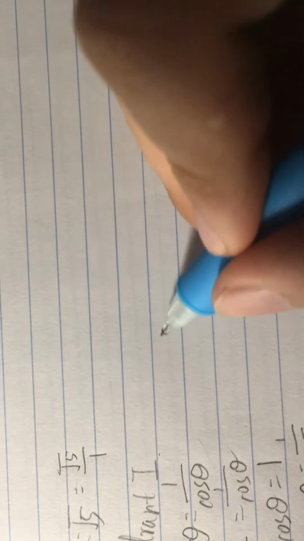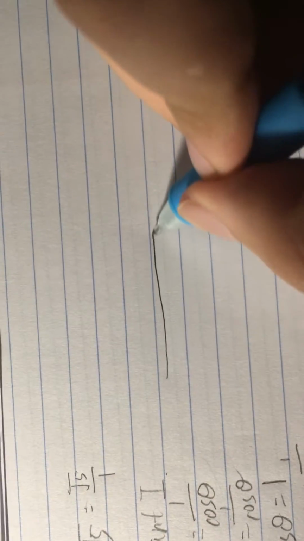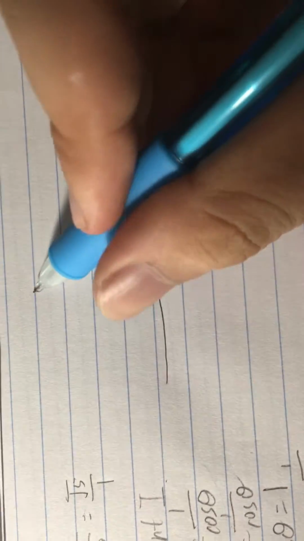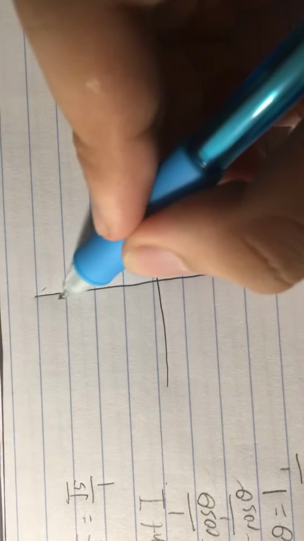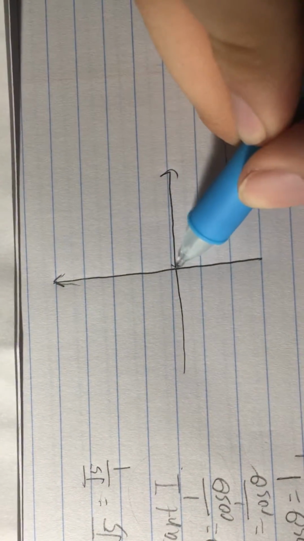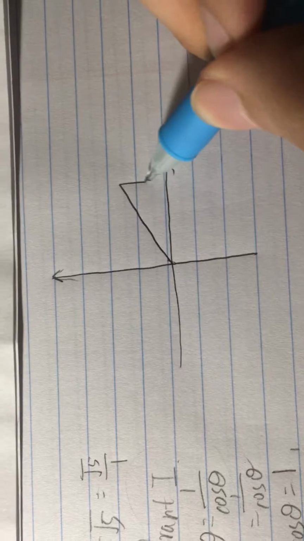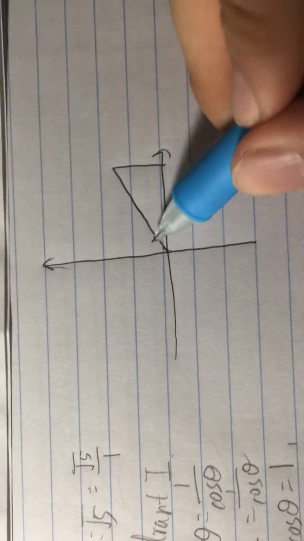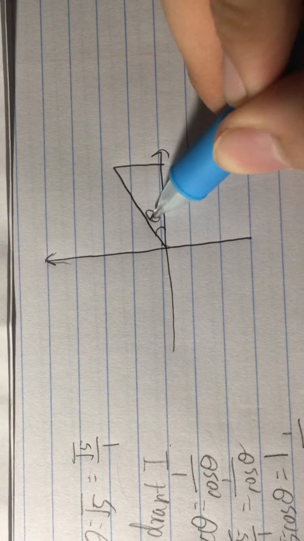So let's see. To know clearly, we need to draw the angle, so we draw the x-axis and y-axis first. And we say the angle is in quadrant 1, so we can draw the angle in quadrant 1 like this. And don't forget, this is your theta.